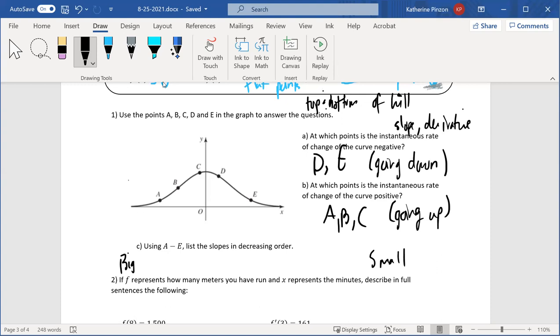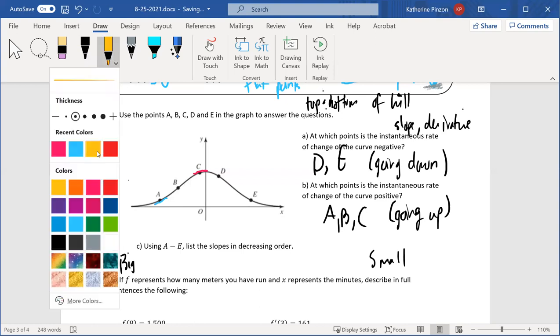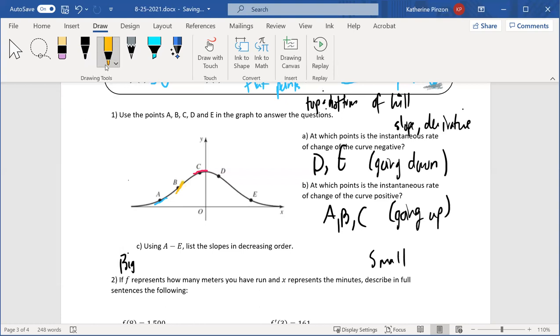How about C? Smaller. If I draw a tangent line here at A, and I draw a tangent line at C, do you see that A has a slightly bigger slope than C does? And B has the biggest one, like that's going up the fastest.